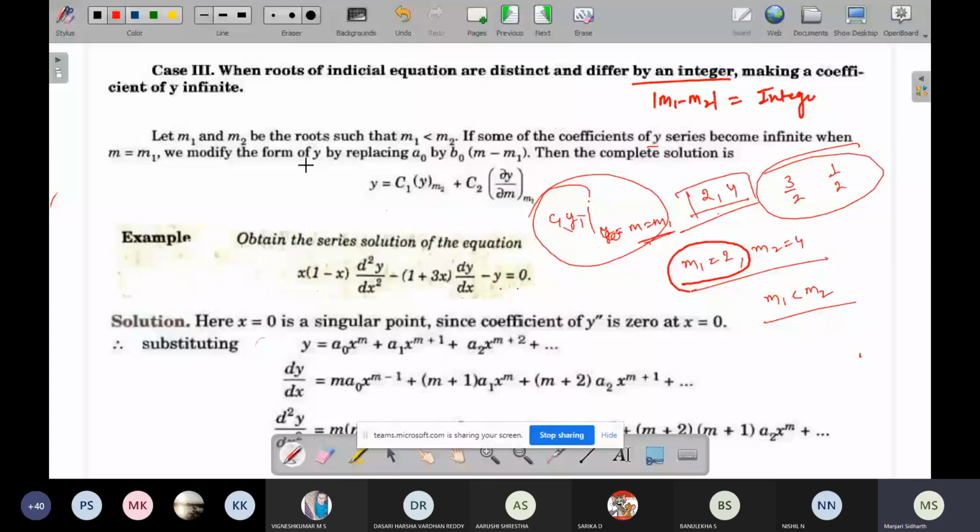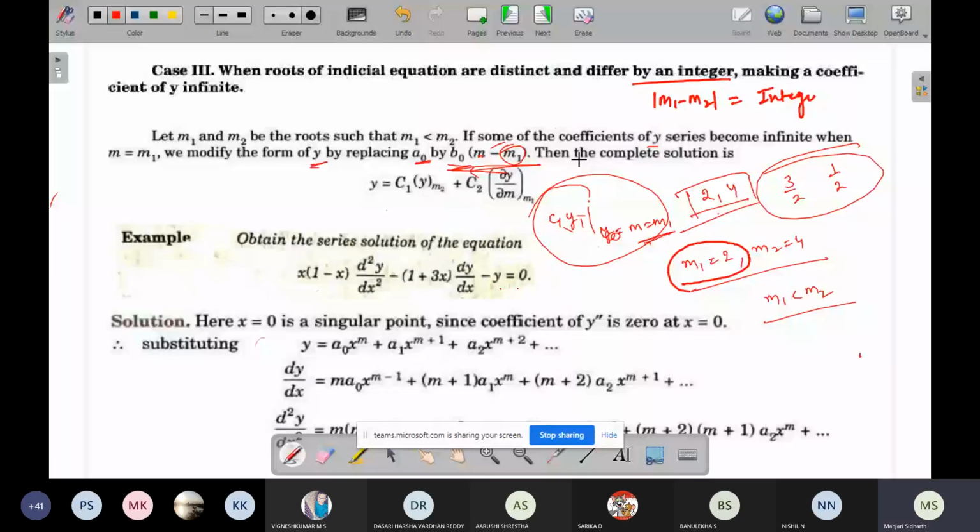The root at which the term of y is going to be infinite will be replaced. If we multiply the whole y with this factor, the infinite term will be cancelled out, so when you substitute m equals m1, no term will tend to infinity. Then the complete solution is this.